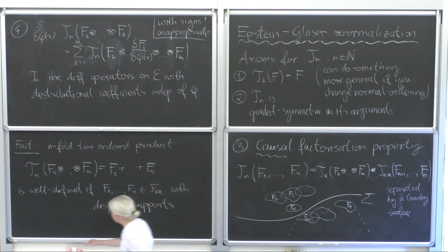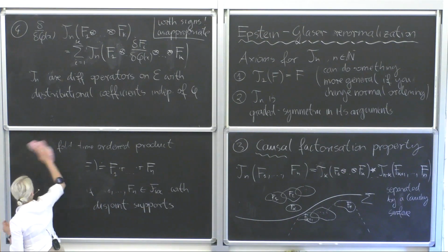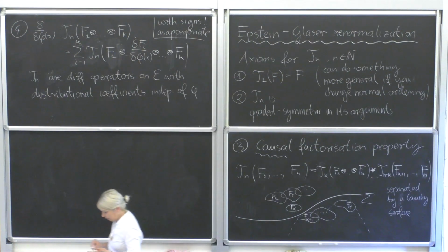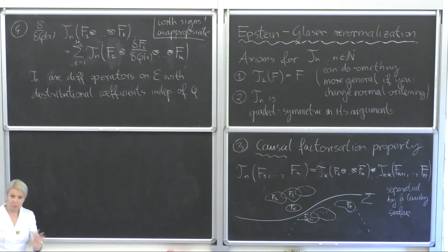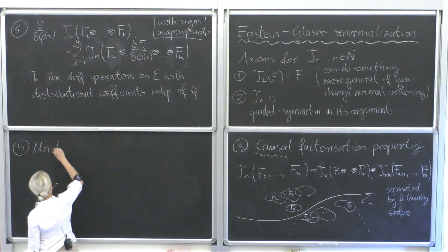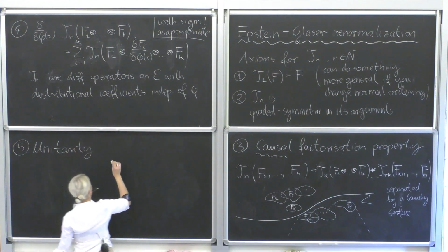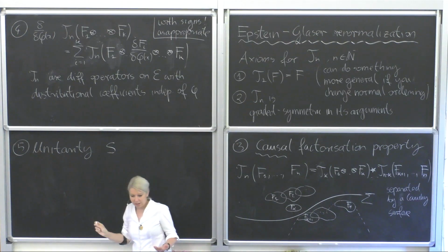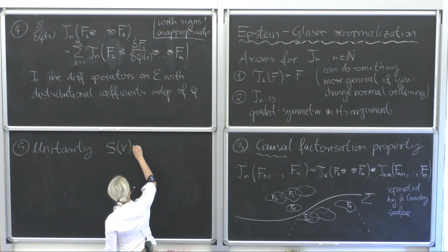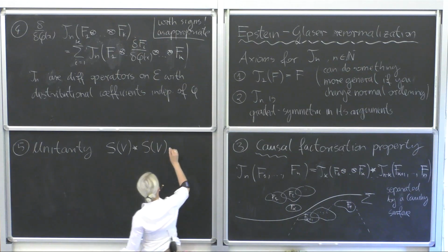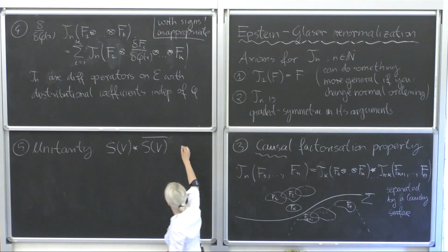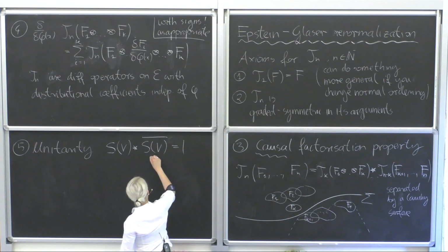Okay, so let me state another axiom. And this one I'm going to state in terms of S-matrices, because it can be stated with respect to time-ordered products, but it's a total mess. So five, it's unitarity. It essentially says that S has to be unitary. So S of V star times S of V complex conjugate equals 1.